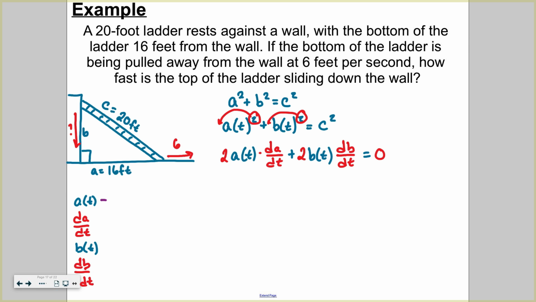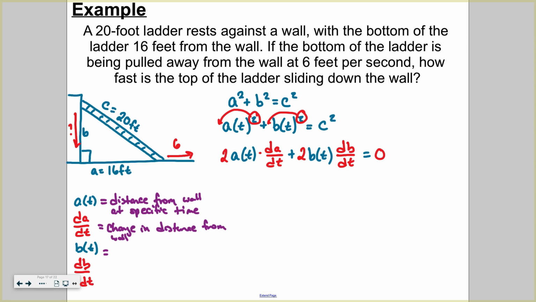A is the distance from the wall at a specific time. dA over dt is the change in distance from the wall.